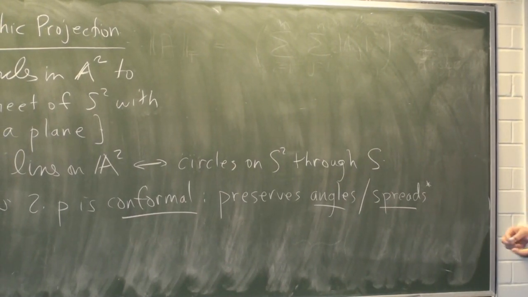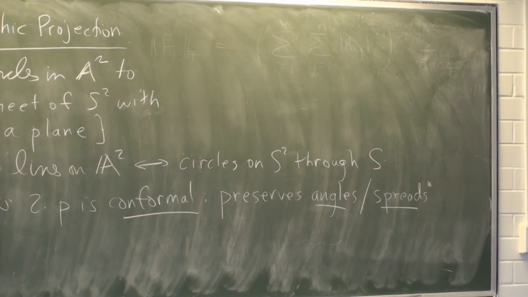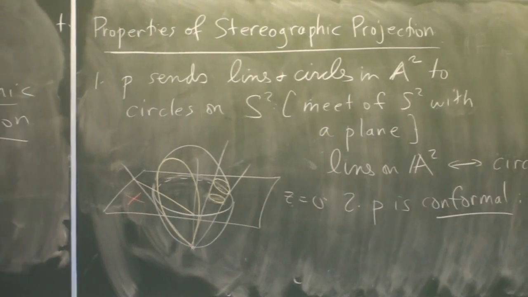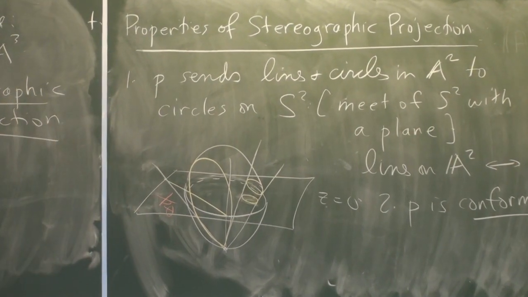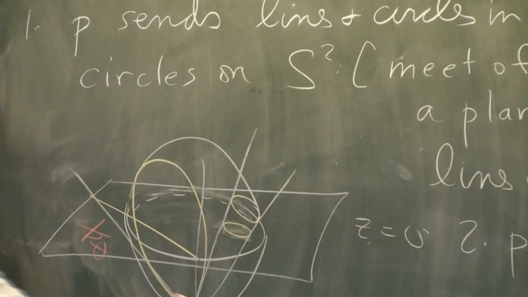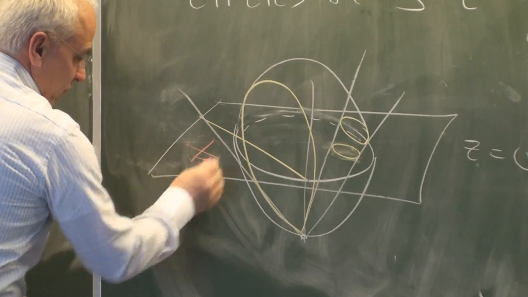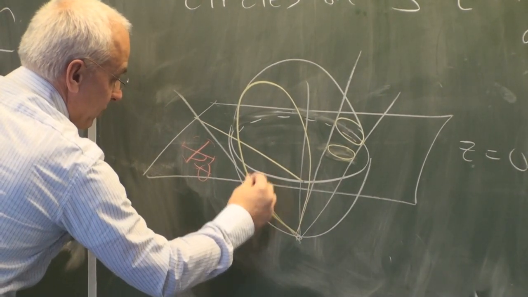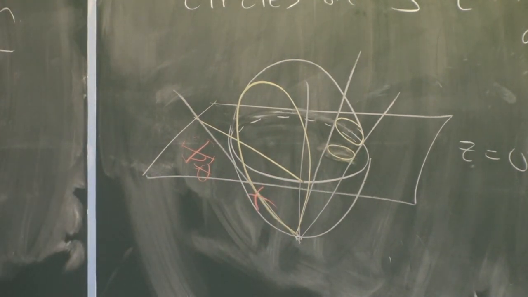So what does this mean? Well, it means that if you have two little lines meeting at some angle or some spread, let's say it's an angle of theta there, okay, and you project these two lines, we don't really care about what happens otherwise. When you project onto the sphere, you're going to get two curved parts of circles.